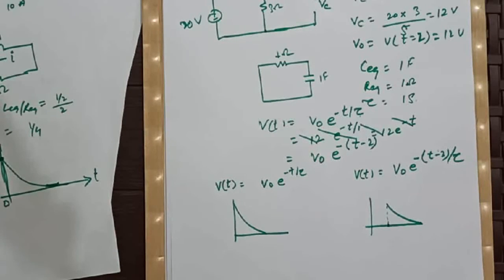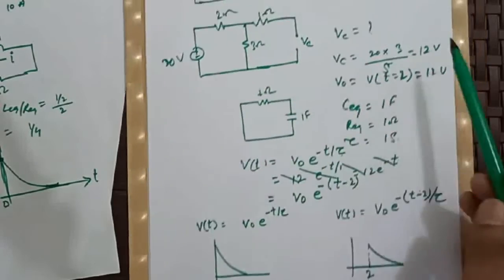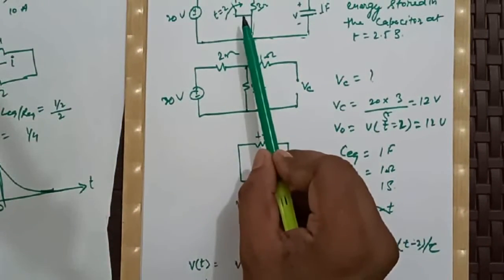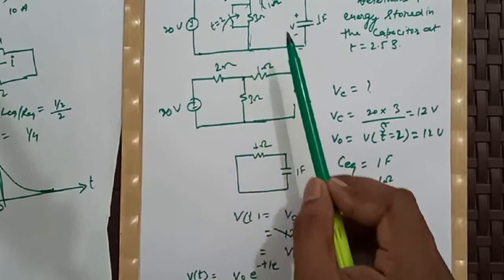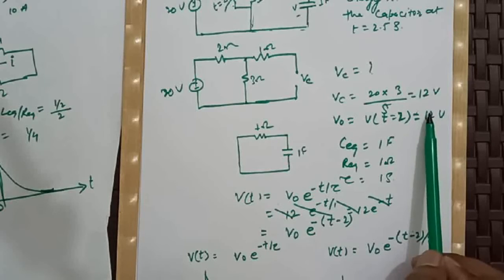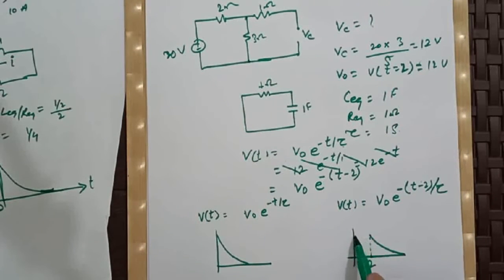Now see, this is 2 seconds. Before 2 seconds, what was the voltage? Before operating the switch, before closing the switch, what was the voltage across the capacitor? That was 12 volt.